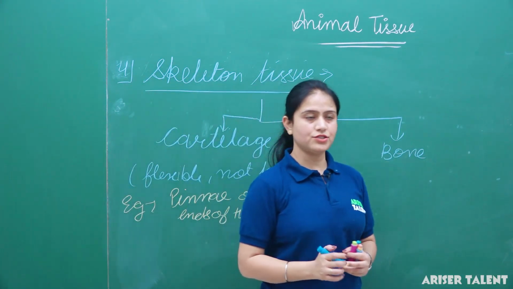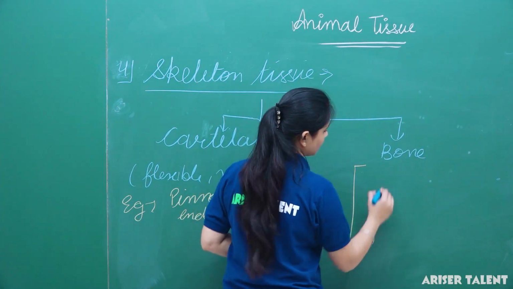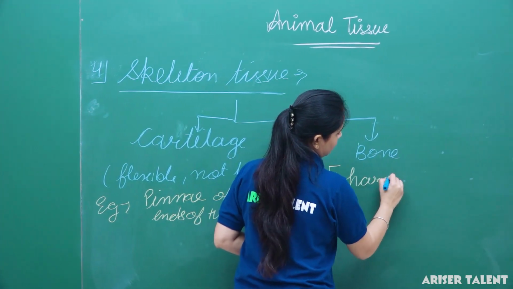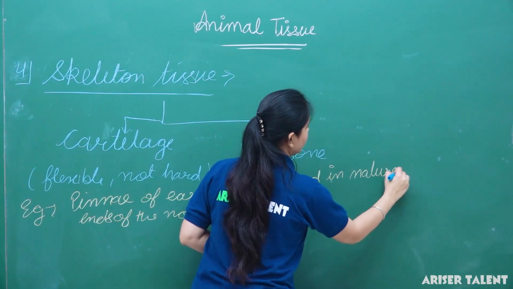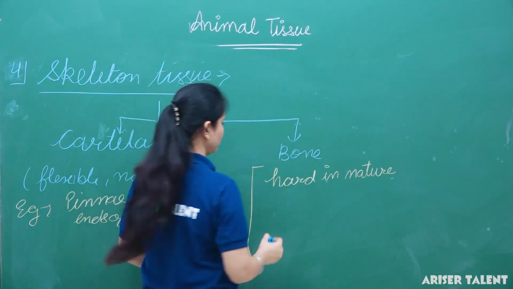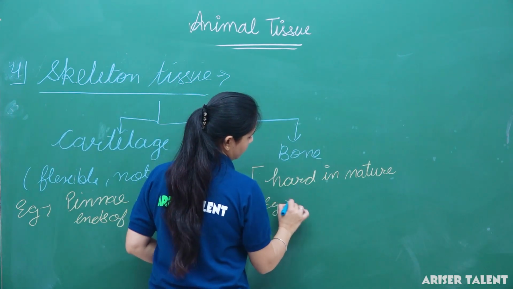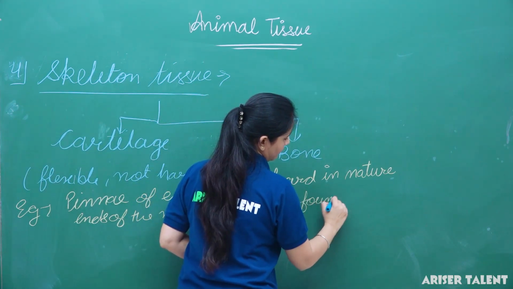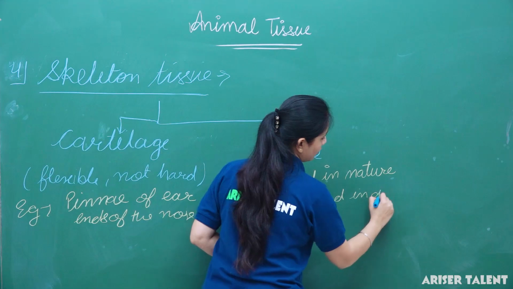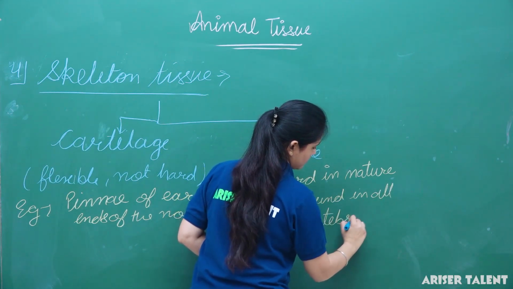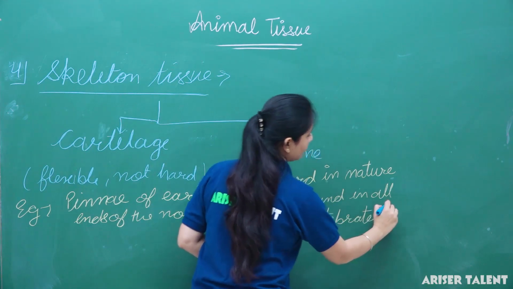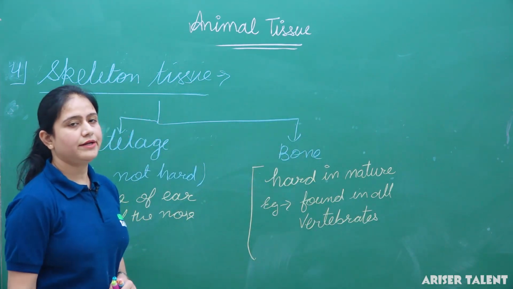Bones are hard in nature, and in all vertebrates the skeleton is made up of bones. Found in all vertebrates. Okay. So this was the skeletal tissue.